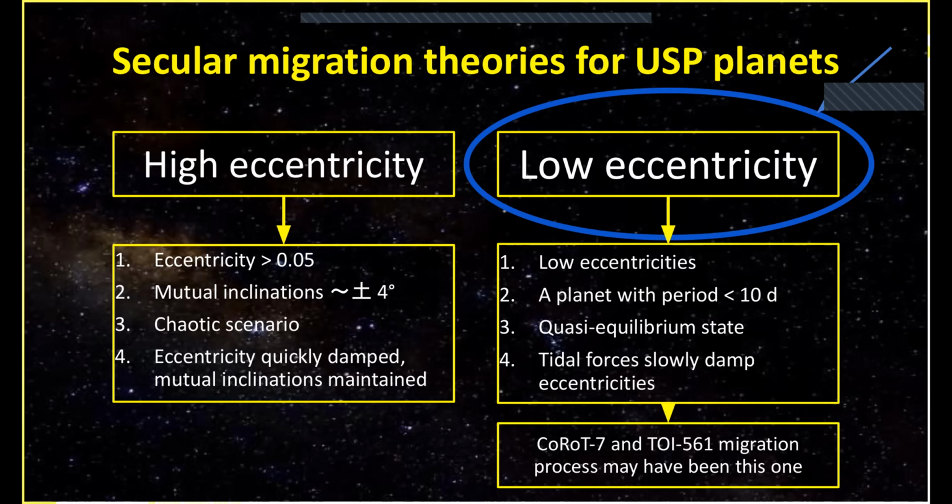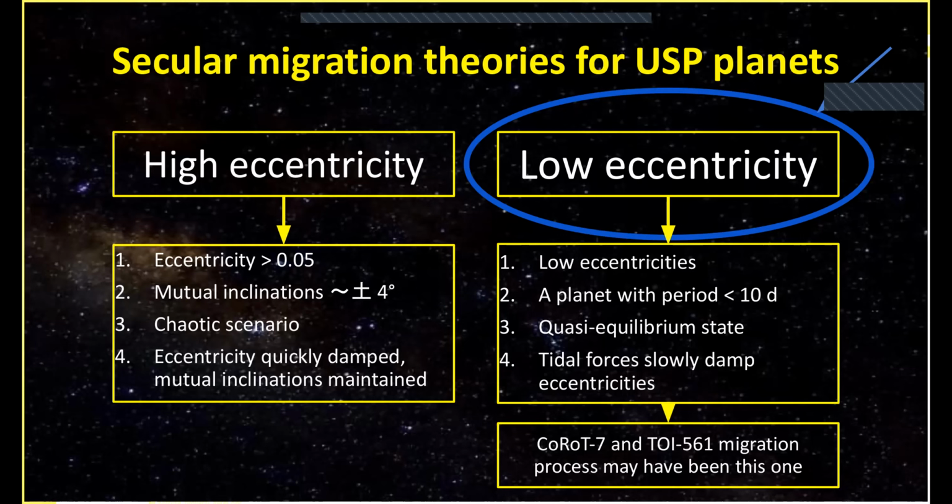We could say that there are secular formation processes behind, and that the process of formation is similar to the one predicted for CoRoT-7b, for example, because the structure of the system is similar to that of CoRoT-7b. So a low eccentricity model with planets that formed on quasi-circular orbits and then just migrated in a quasi-equilibrium state until they reached the final equilibrium state.